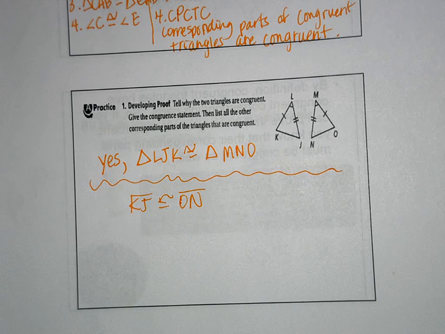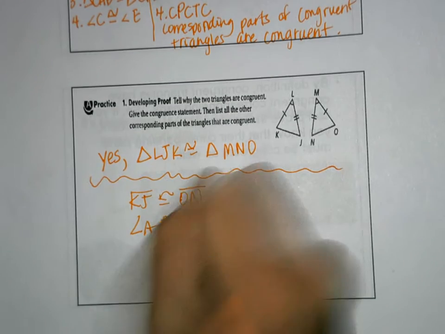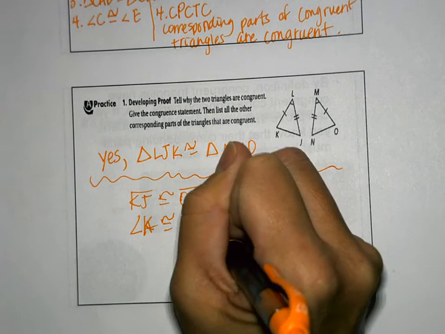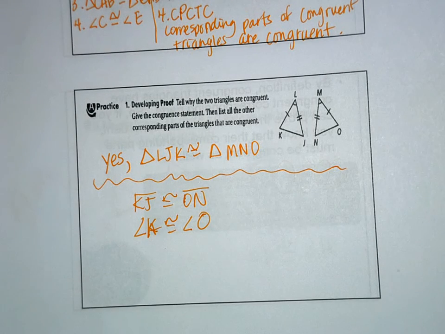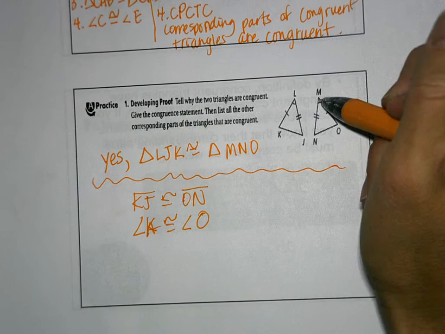Okay, Christian. Good. Angle K is congruent to angle O. There we go. Asia, did you have one? Okay, so L and M they already told us, right?